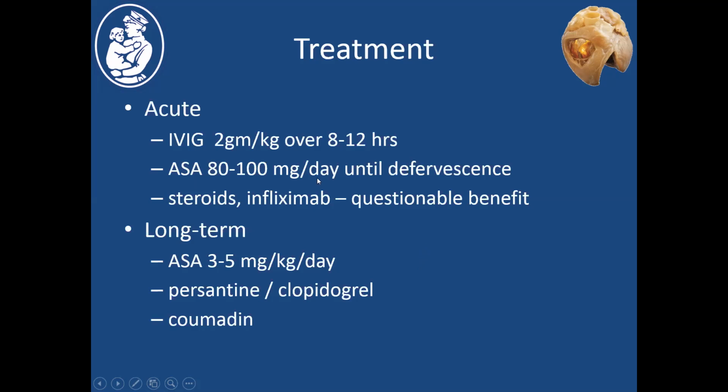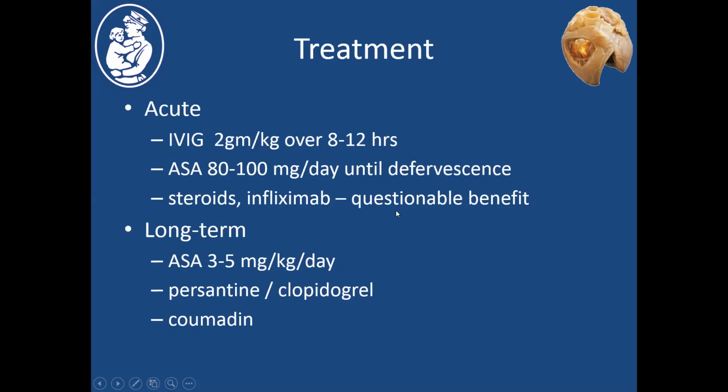Treatment, of course, is immune globulin, IVIG, 2 grams per kilo over some period of time, usually up to 12 hours for the infusion, and moderate to high dose aspirin until patients defervesce. There have been trials of steroids, particularly prednisolone, infliximab, and some other anti-inflammatory agents, but the benefits of this are not clear.